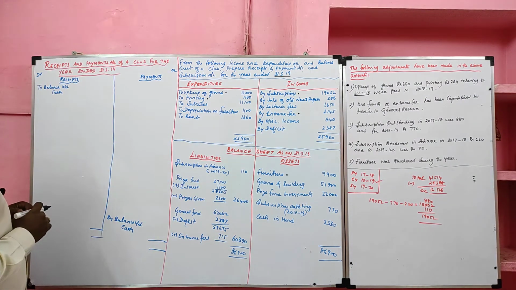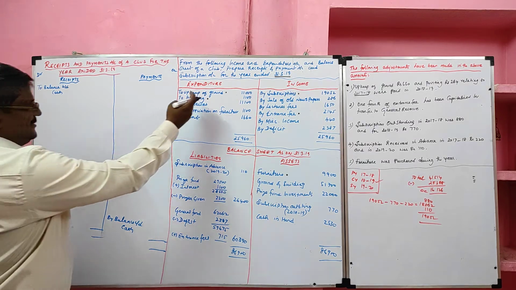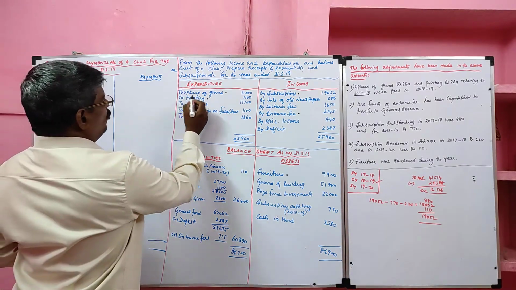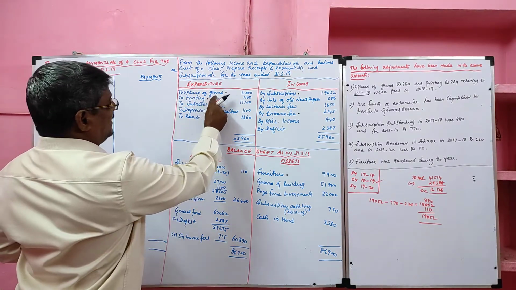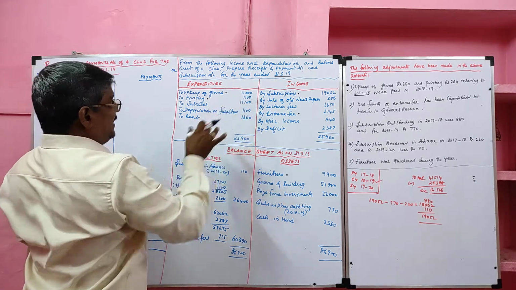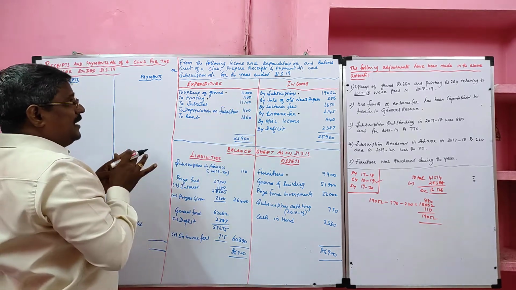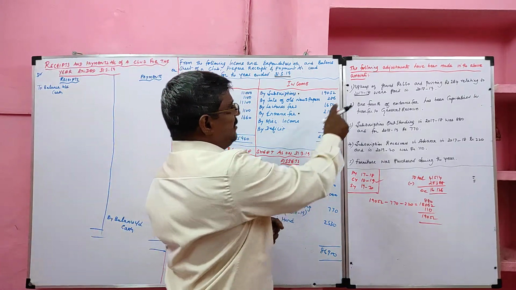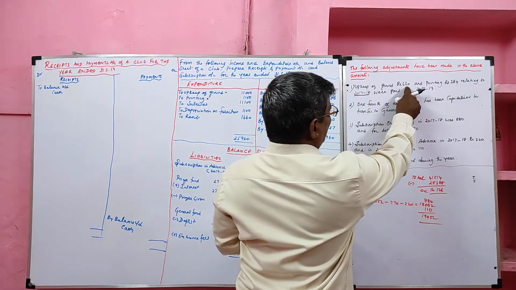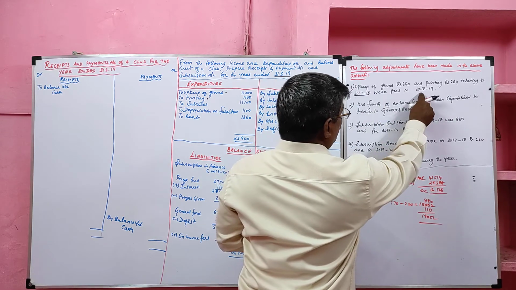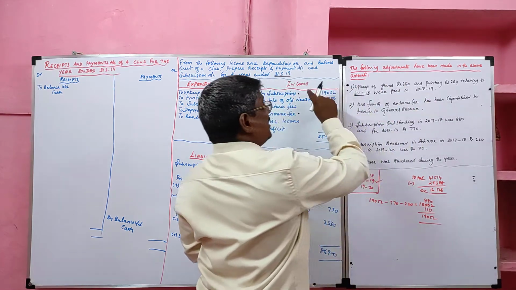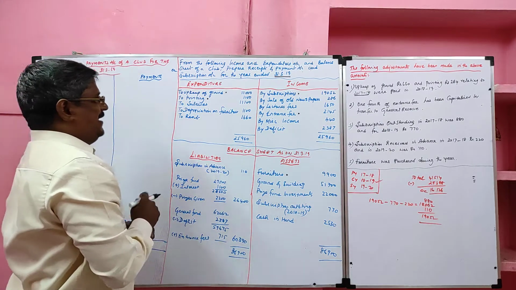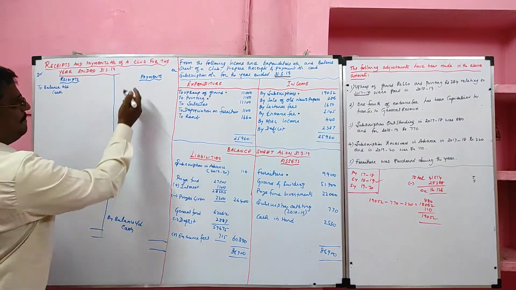Then we'll start with the expenditure side. To upkeep of ground, current year upkeep of ground paid is rupees 11,000. We have adjustment for that. Upkeep of ground 660 was paid in 2018-19. So last year upkeep paid in the current year goes to the payment side.